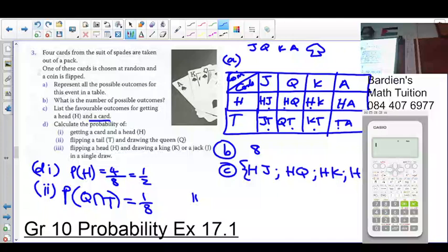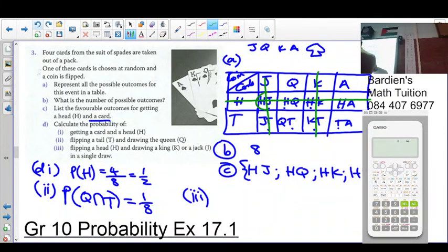The third question in D, flipping a heads and drawing a king or jack in a single draw. Okay? Let's say heads. Can be a king or a jack.